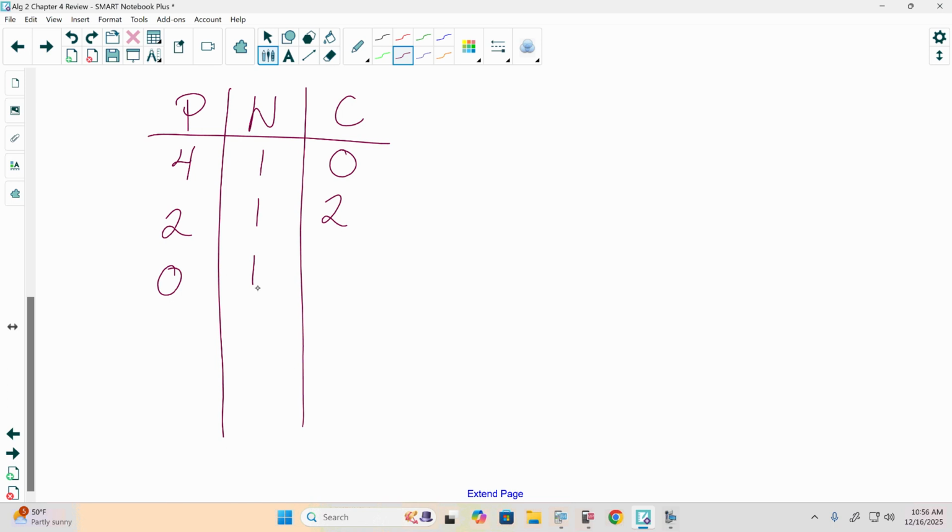Well, if I have 0 positives and 1 negative, we only have 1 solution. How many are we supposed to have? 5. So how many are we missing? 4. So the number of complex is 4. There are no other positive, negative options. This is it. So it's 4, 1, 0, or 2, 1, 2, or 0, 1, 4. That's it.